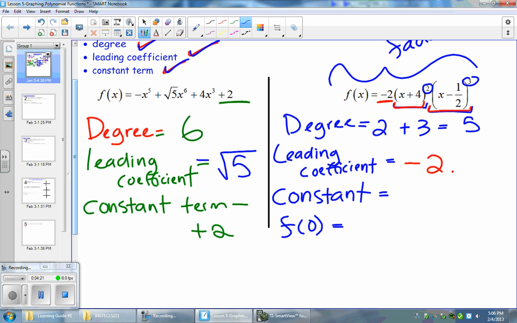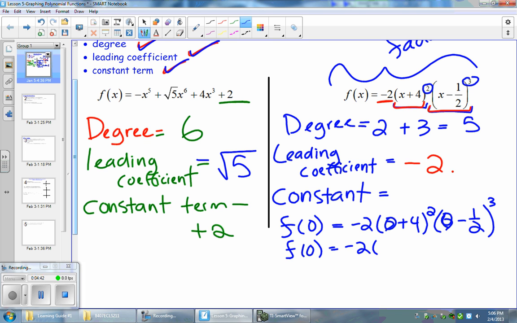That will give you your constant. So if I let x equal 0, I have -2 times (0 plus 4) squared times (0 minus 1/2) cubed. Let's keep going with our evaluation here. f(0) is equal to -2 times 4 squared, which gives me a 16, and (-1/2) cubed, which gives me a -1/8, sorry.